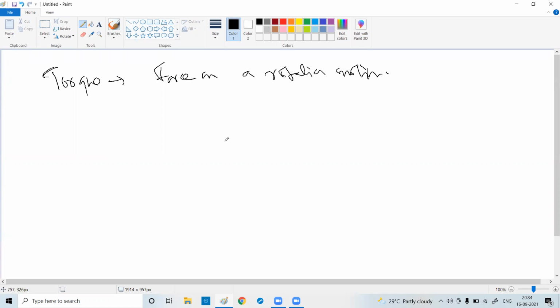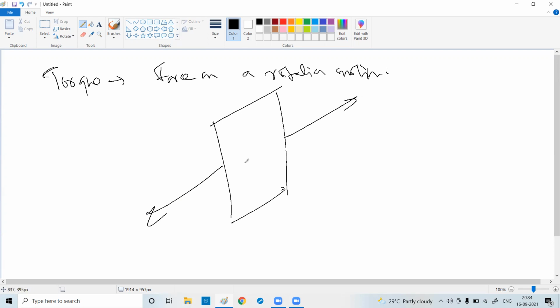Just for example, I am taking a cardboard. Rishabh is pulling this cardboard like this, and Harsh is pulling this side. Can you tell me what will happen to this cardboard? It will either go this side or this side, depending on the amount of force Harsh or Rishabh is pulling.